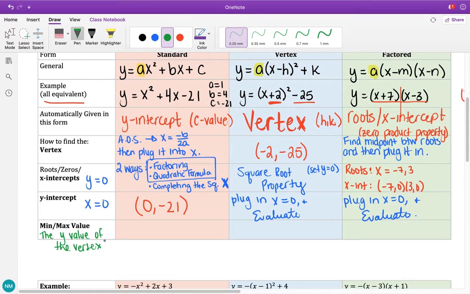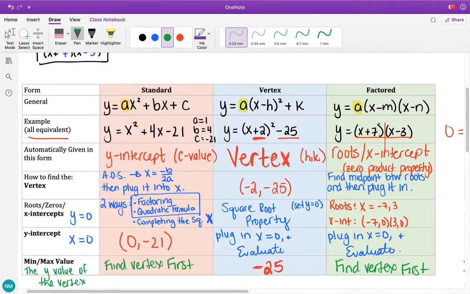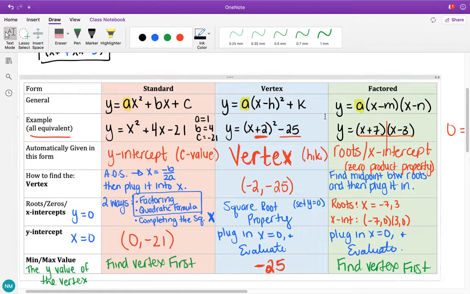So what is the y value of the vertex? Where's your vertex? Negative 25. I can actually write this here. Negative 25 is given here. So you have to find your vertex first. Find vertex first. You have to find the vertex first. I know it's a little messy, but it's a nice little picture.